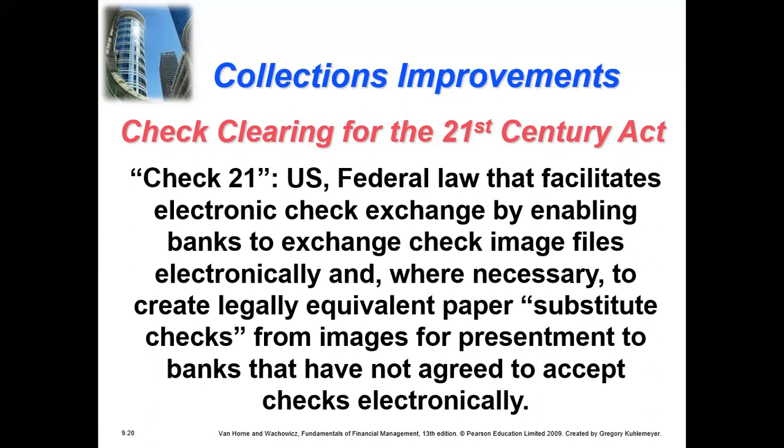So they came up with a system that can work electronically, called the 21st Century Act, also called Check 21, where you only have to scan the check and send it to the bank. You don't need to send the physical check. You only send the scanned copy and the bank processes it on your behalf. Of course, they ask you for authorization through email or maybe a passcode. But after you have authorized that, the checks get processed electronically. This is a substitute for the conventional banking that we have.